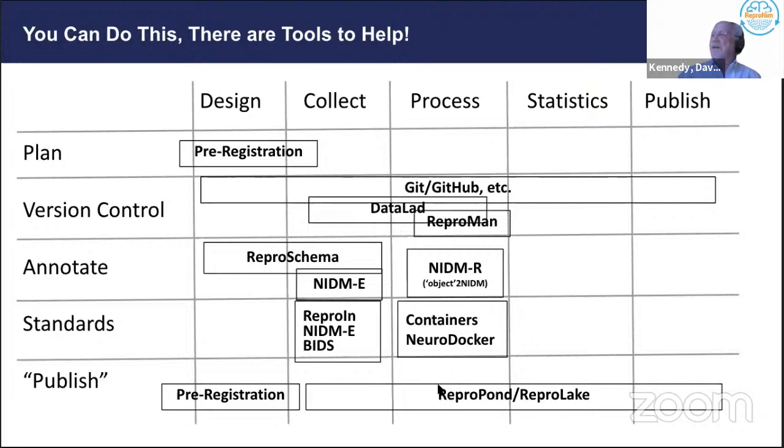That's where we get into the concepts of the ReproPonds and ReproLakes. As you go through your analysis, you're generating these NIDM representations. Those should be kept in a common place. From those data representations, one can track the provenance, the connection between observations and how they were generated, and the statistics, and then the pooled results from that.